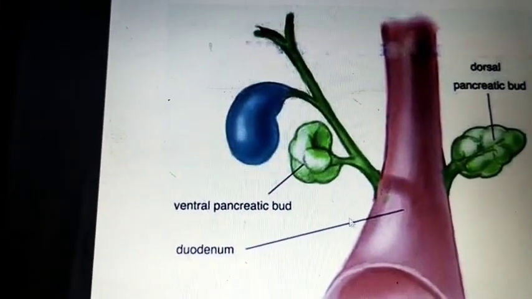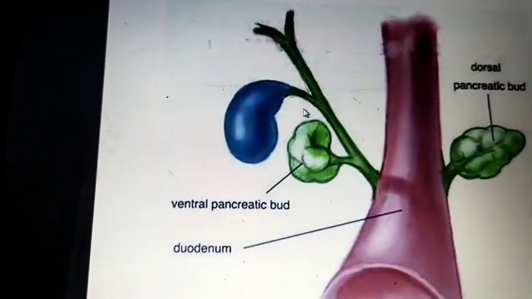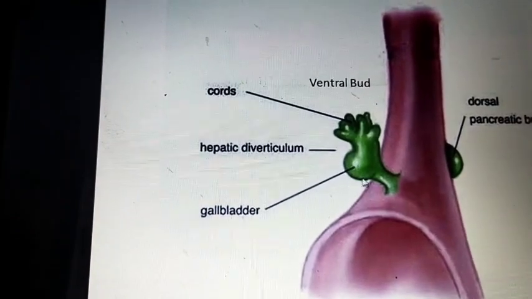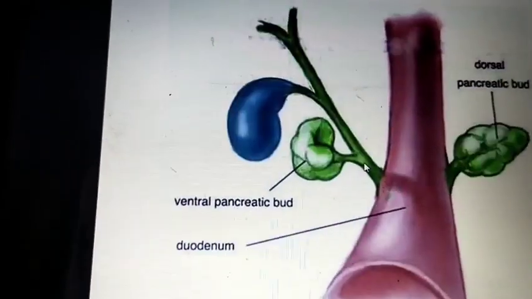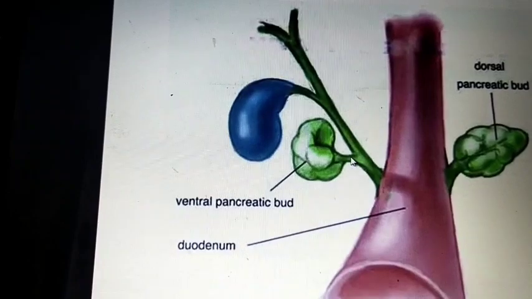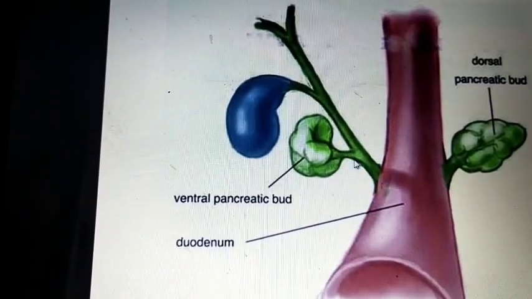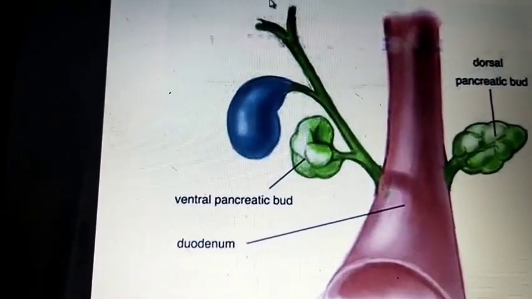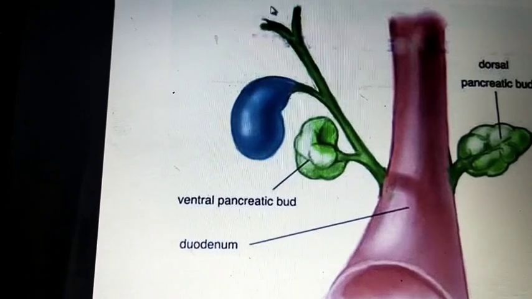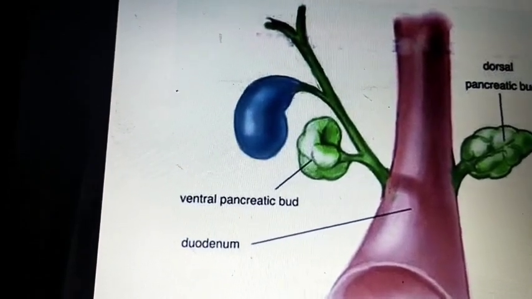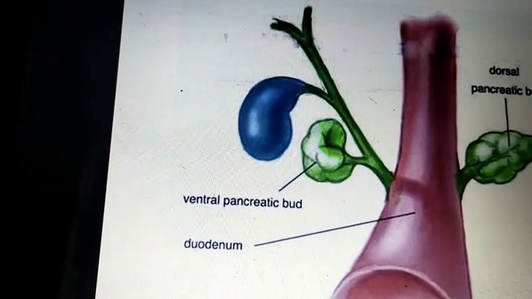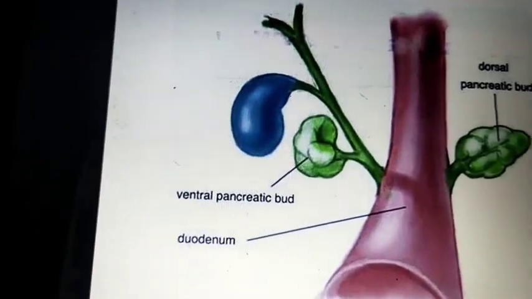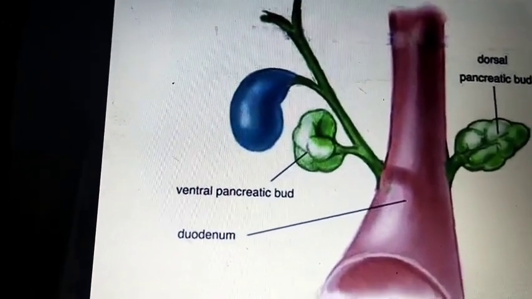You can see that the first diverticulum forms the gallbladder, and another, the ventral pancreatic bud, appears. Multiple cords appear that form the development of the liver and extrahepatic biliary duct, and this is the ventral bud.